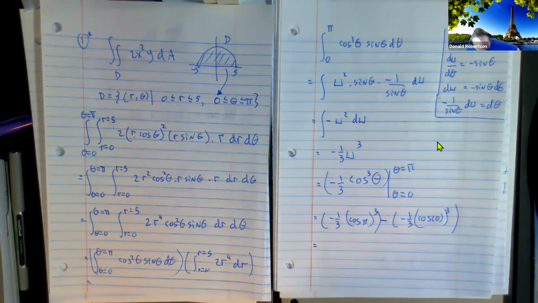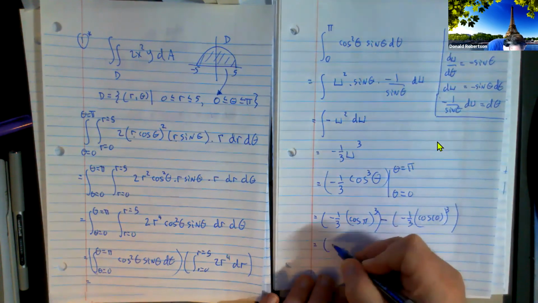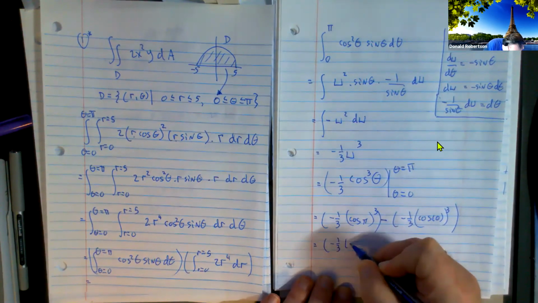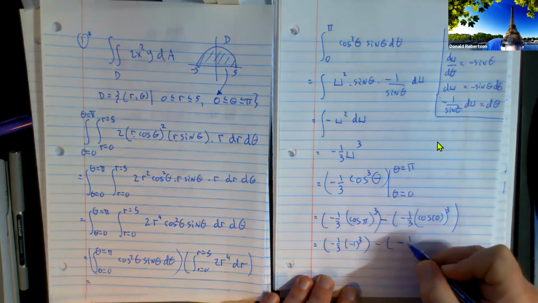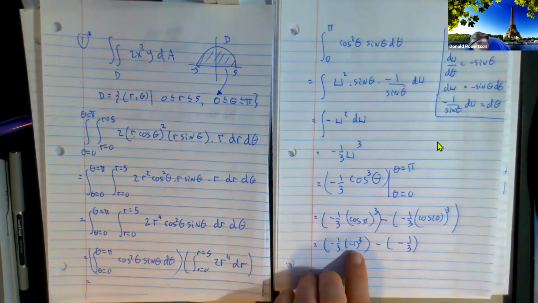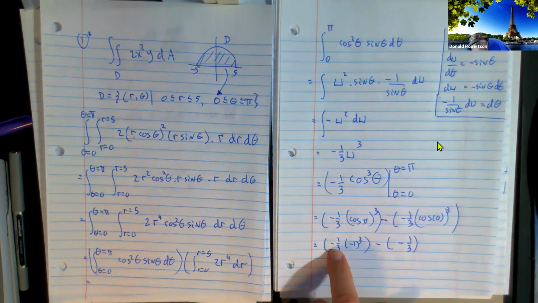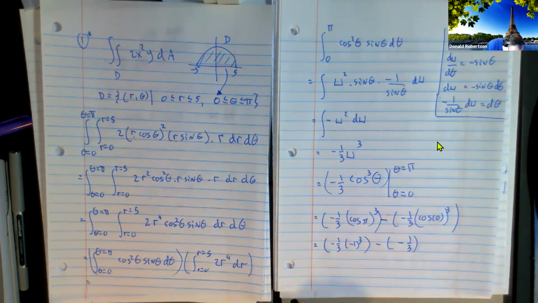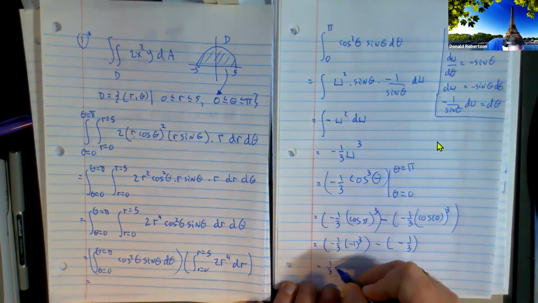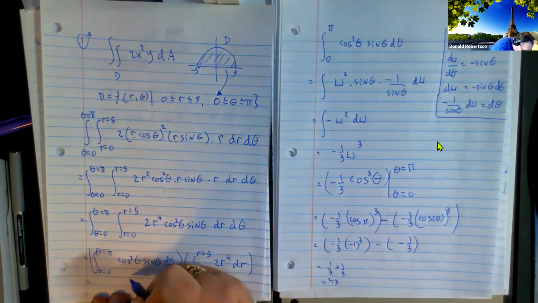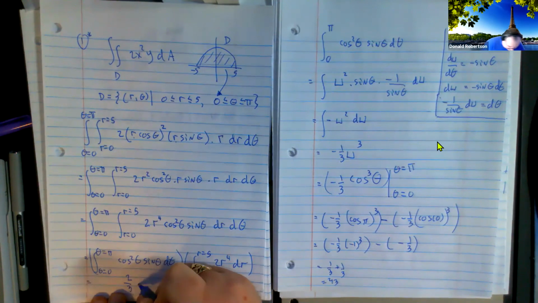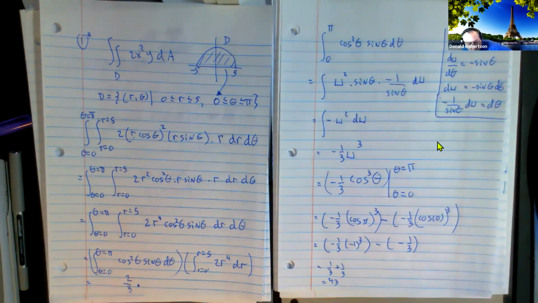It's -1, I believe. So it's -1 cubed. And cosine of 0 is definitely 1. -1 cubed is -1, makes that a third. Take away another guy who's also a third, and you end up with 2/3. So 2/3 goes there. And we've done half the problem.